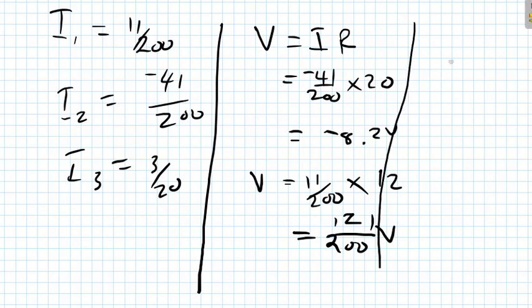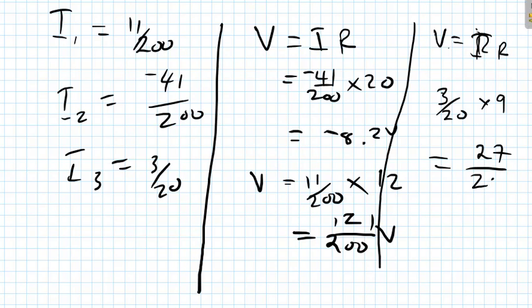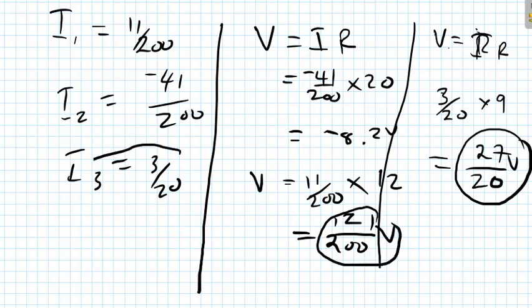And lastly, the voltage drop across the 9 ohm resistor, this is IR, is 3 over 20 multiplied by 9, and the voltage drop is 27 over 20 volts. So these are the voltage drops across each resistor.